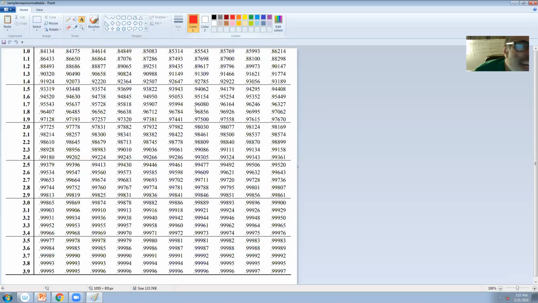We have a 0.990 here. That's close enough, it's only off by 4,000. So let's use that one. And we see that corresponds to 2.30, 2.31, 2.32, 2.33. So from our table, we have that as 2.33.